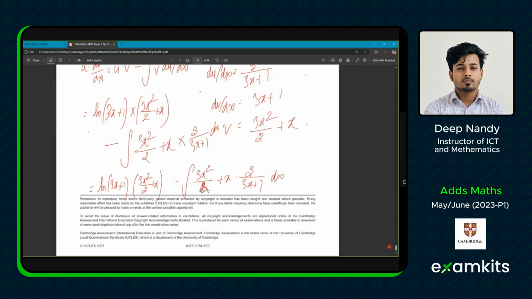We can take this 3/2 out and write it before the integration.